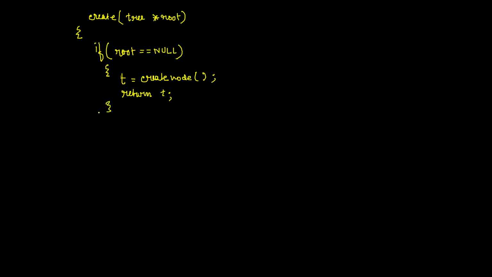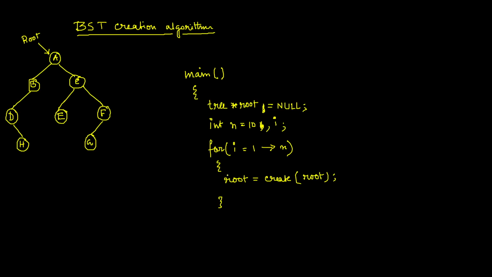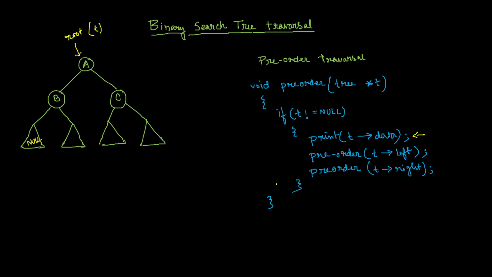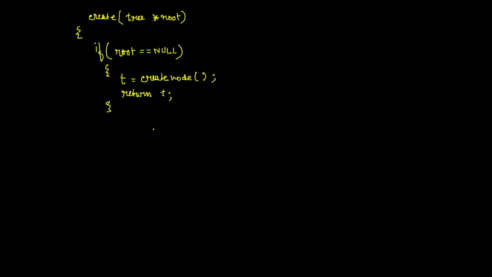Now see, since you have to update this, because the scope of this root is only within main, that's why create must have a return type. And what it is returning is basically t. And what is t? T is basically a pointer which points to the newly created node. What type of pointer? Tree pointer.